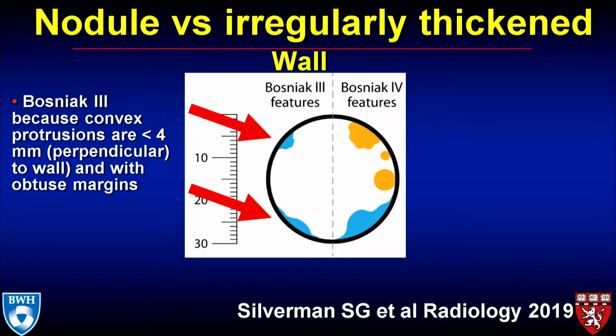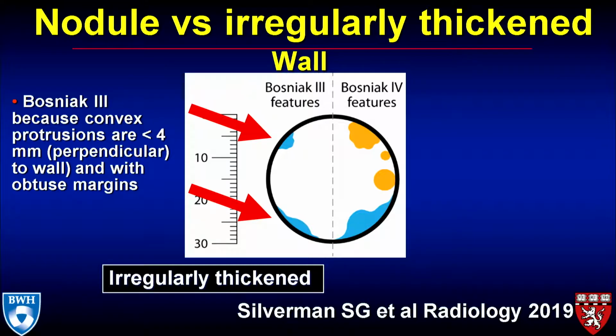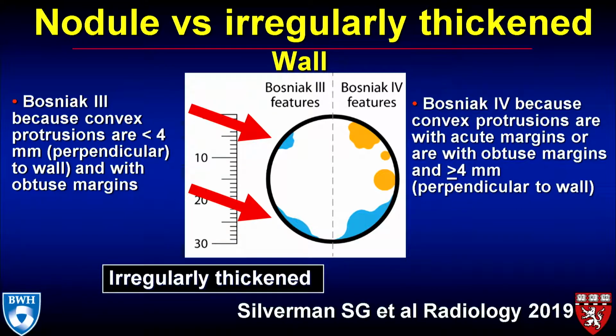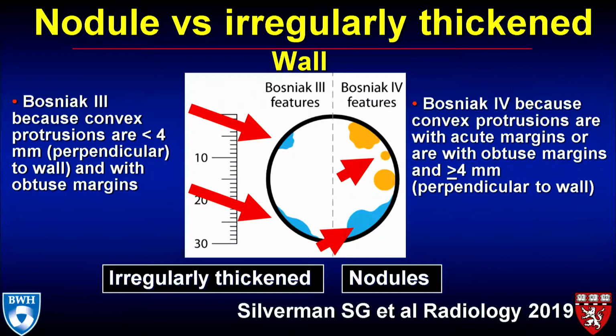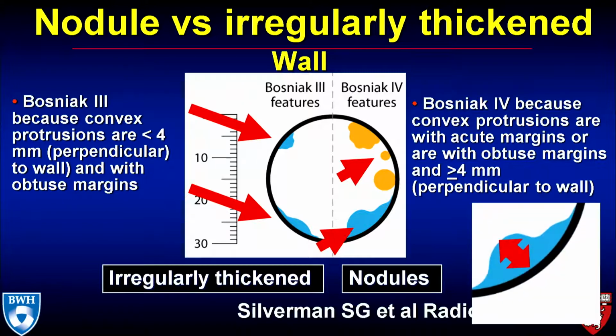It's a 3 if they're obtuse margins, and you measure it and they're less than 4 millimeters perpendicular to the wall. That's irregular thickening. Nodules can be any size if they're acute margin, like that little guy, or they have to be at least 4 millimeters in that perpendicular distance to be considered a nodule if the margins are obtuse.